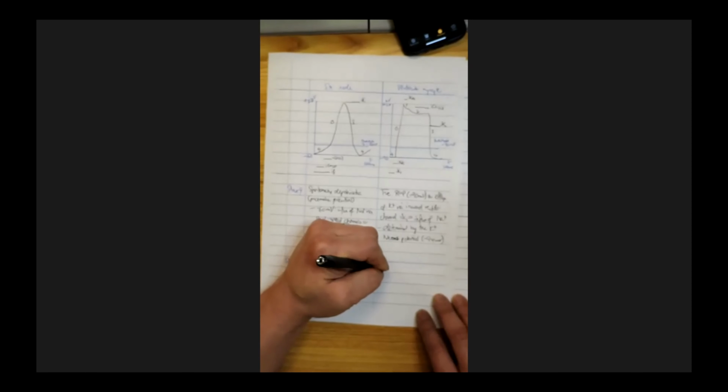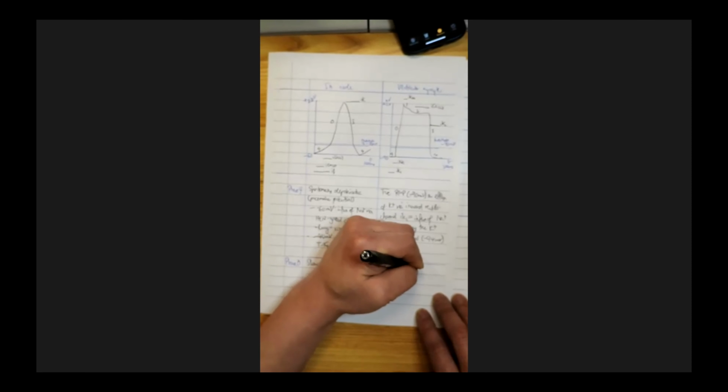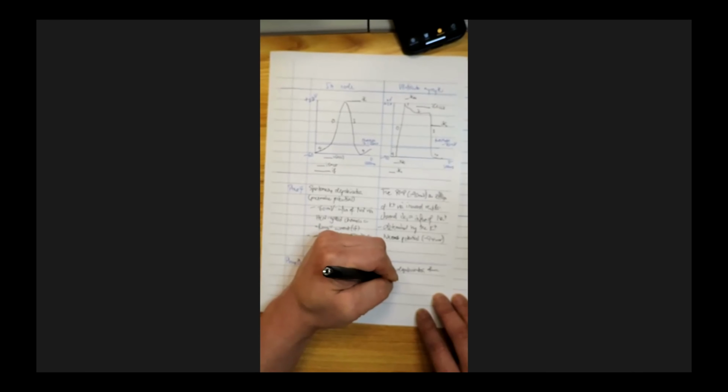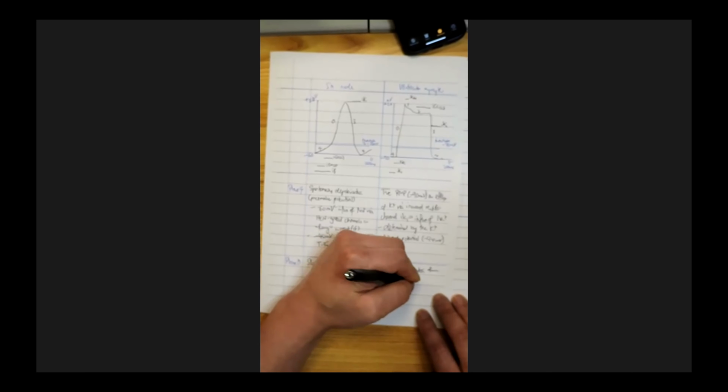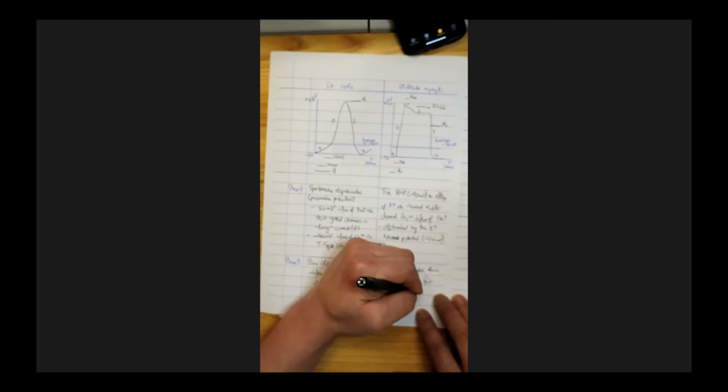Okay, so phase 0, you get rapid depolarization from influx of sodium via fast channels, which we'll say is INa.